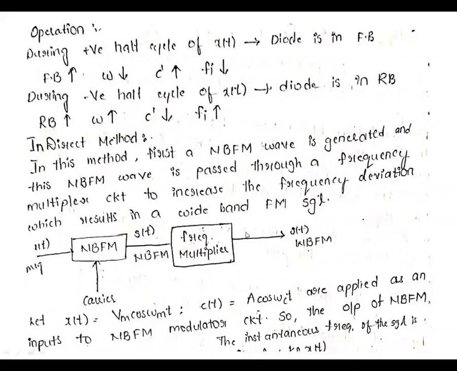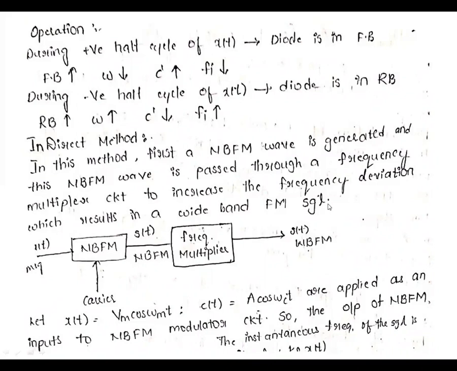In the indirect method of generation, first a narrowband wave is generated, and this narrowband wave is passed through a frequency multiplier circuit to increase the frequency deviation, which results in a wideband FM signal.